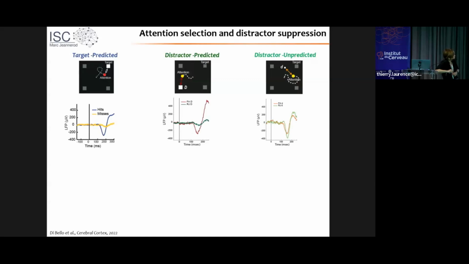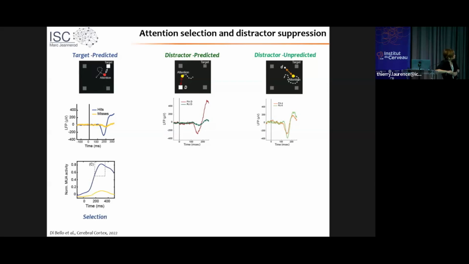So strong response when the monkey is going to produce a hit, weak response at the time of misses. Same thing here for this type of predicted distractor, with no response when the distractor is correctly rejected, and a strong response when the monkey is producing a false alarm. And when the distractor is unpredicted, this opposite pattern where we observe a strong response both for correct rejections by the monkeys and false alarms.